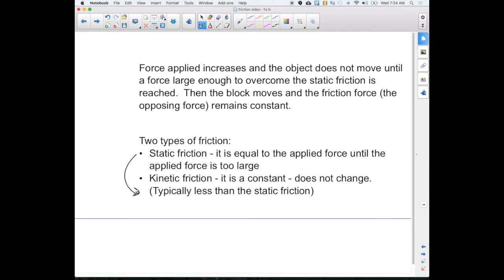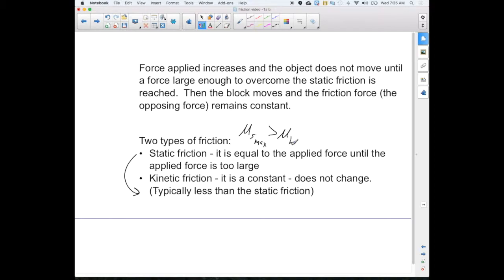We said that mu static max is typically greater than mu kinetic, but static friction is not a constant, and it's only large enough to balance the applied force. Kinetic friction, on the other hand, is a constant. It does not change, to first order.